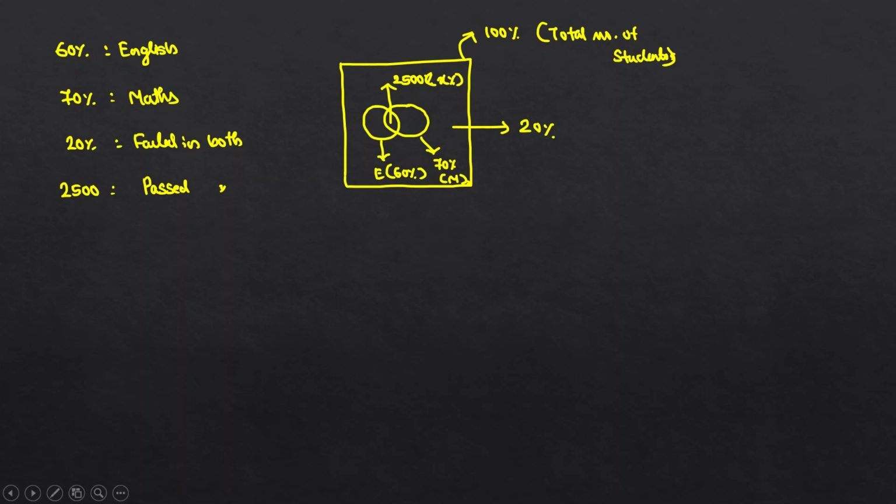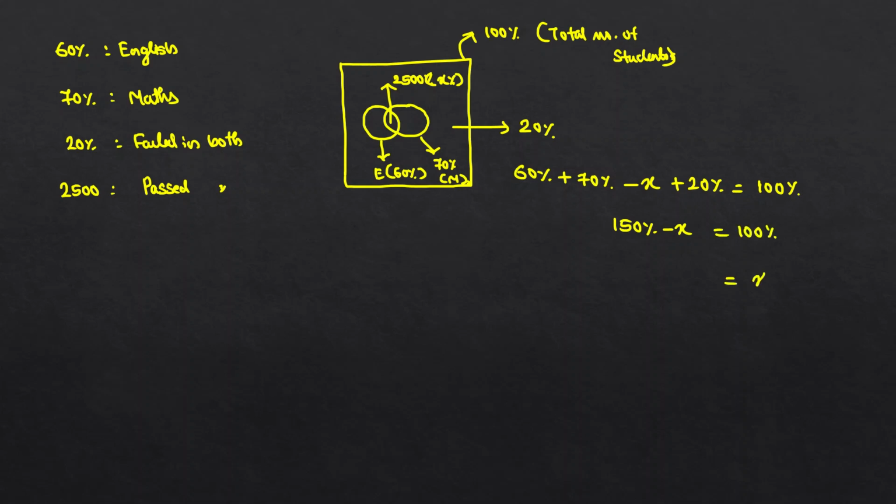We know the total is equal to 100 percentage, so we can directly write 60 percentage plus 70 percentage minus X, because the overlap is counted twice and one has to be subtracted, plus 20 percentage equals 100 percentage. Therefore, 150 percentage minus X equals 100 percentage.